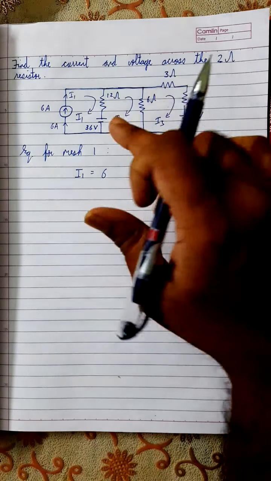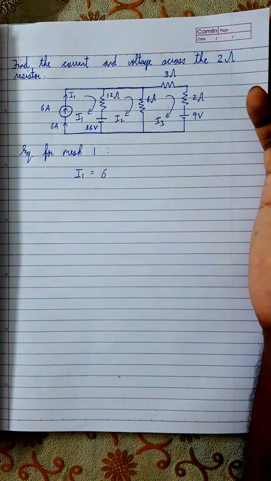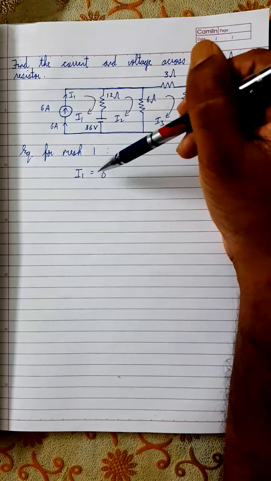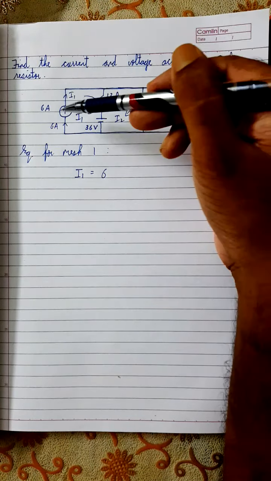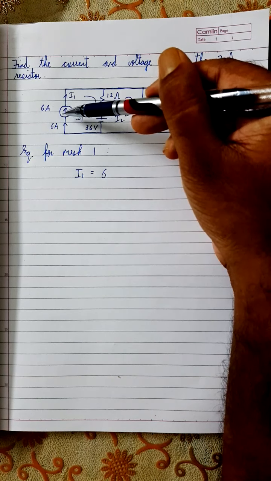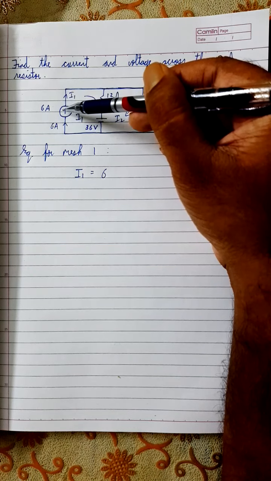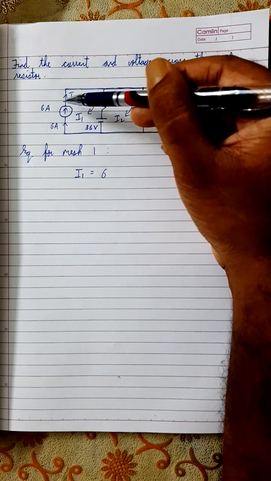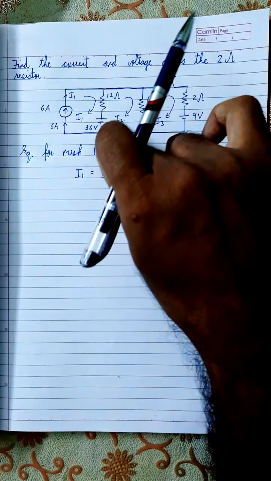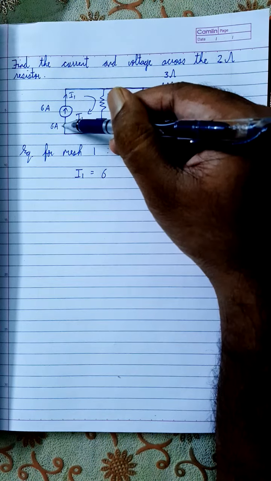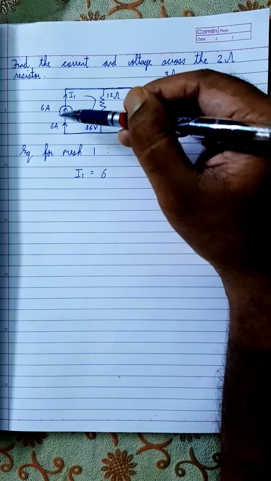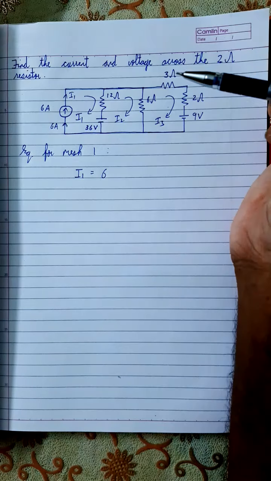So here the mesh current is already given because you have already assumed that the current in this branch is I1, right? And according to the question, there is already a 6 ampere source. And if there is a 6 ampere source, which means 6 amperes will get distributed throughout this entire network, and then it will come back with the same value, which means 6 amperes will leave the current source and the same 6 amperes will enter the current source.